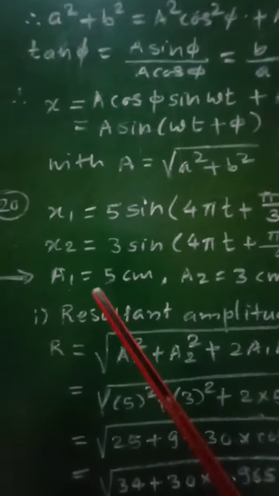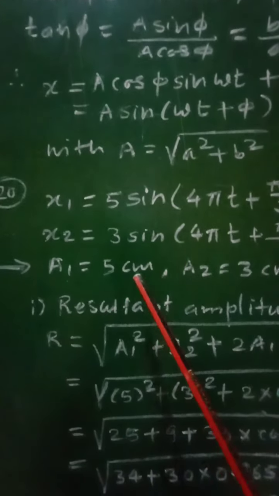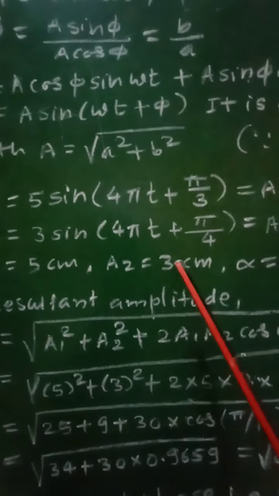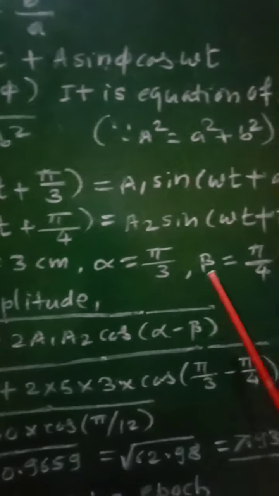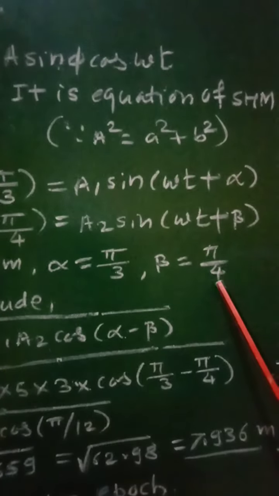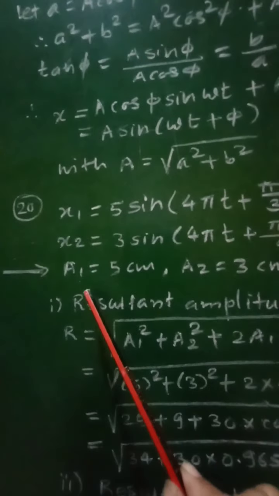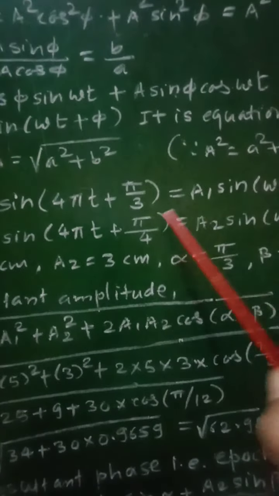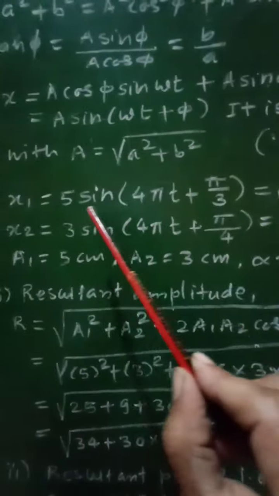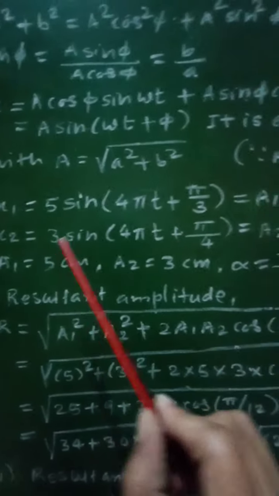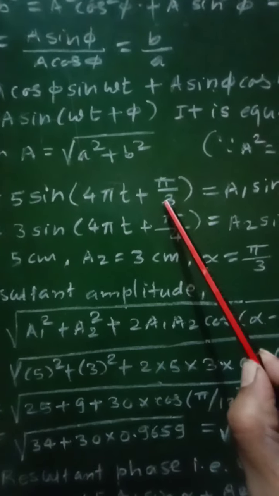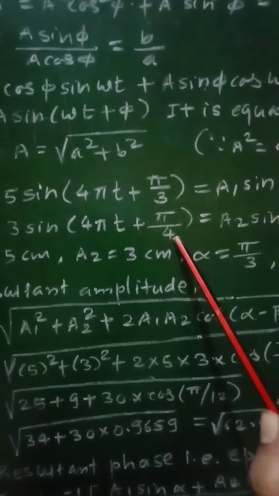Now a1 = 5 cm, a2 = 3 cm, α = π/3 and β = π/4. All these values are obtained by comparing these equations.